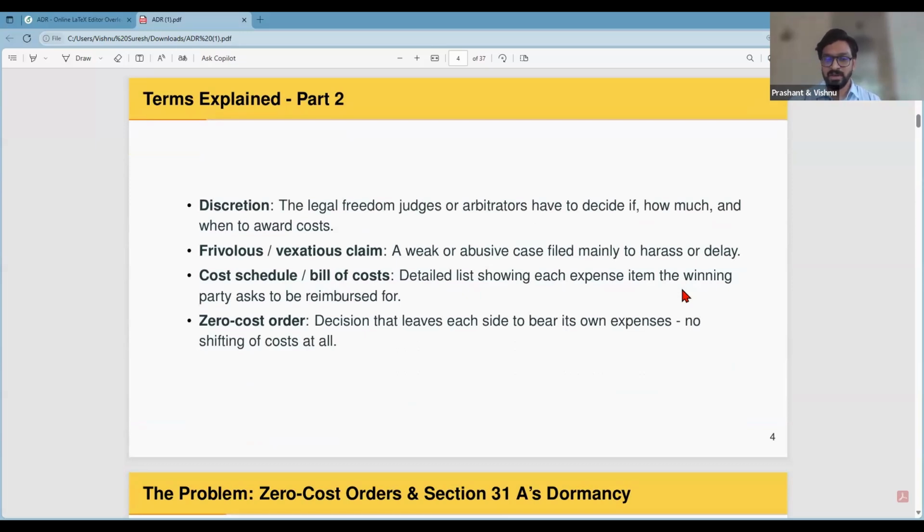Frivolous or vexatious claim, a weak or an abusive case filed mainly to harass or delay. Cost schedule or bill of costs, a detailed list showing each expense item that the winning party asked to be reimbursed for. And finally, zero cost order, the decision that leaves each side to bear its own expenses, where there is effectively no shifting of costs at all.